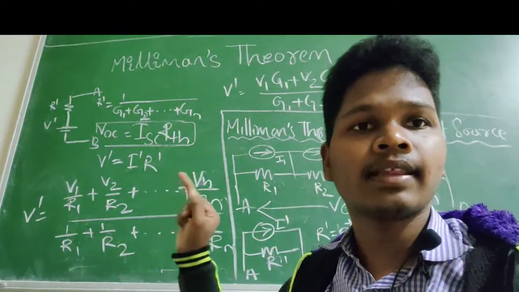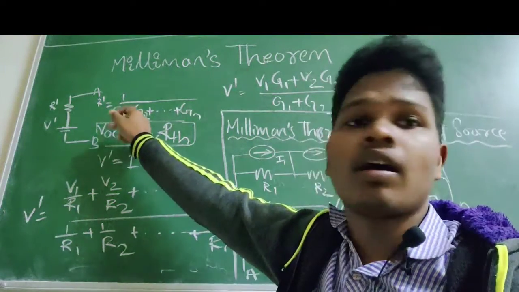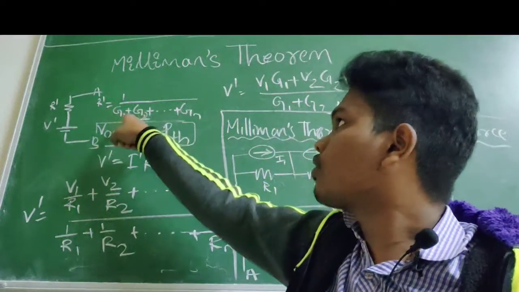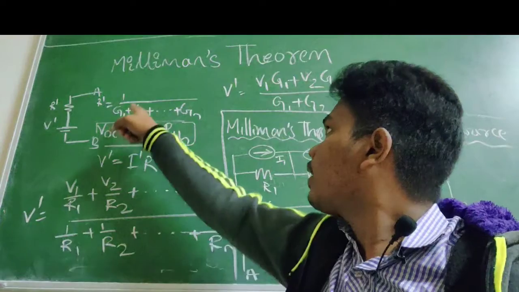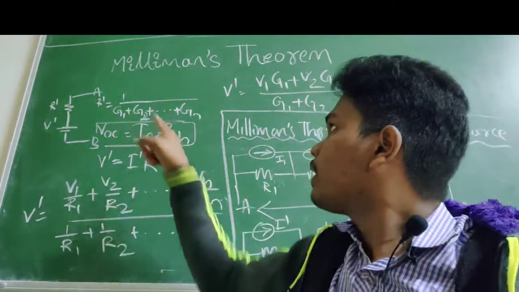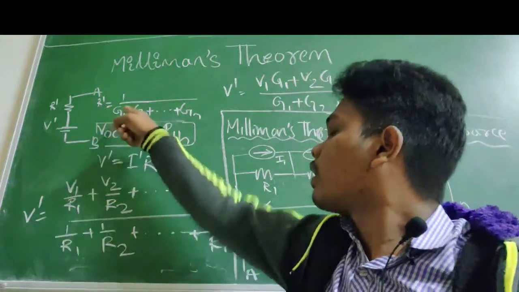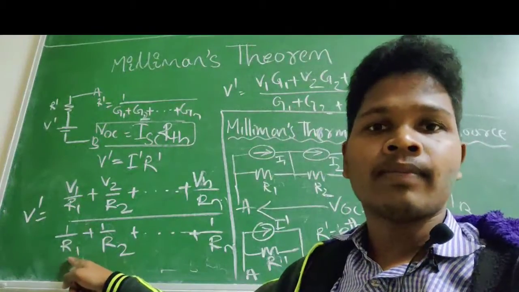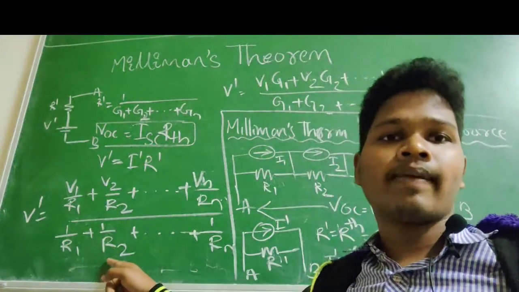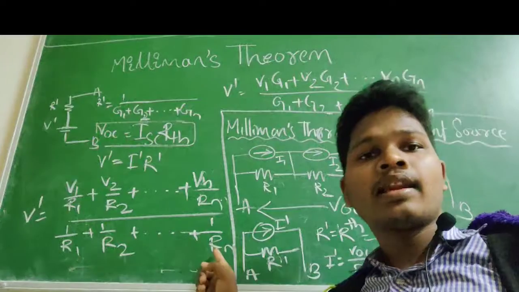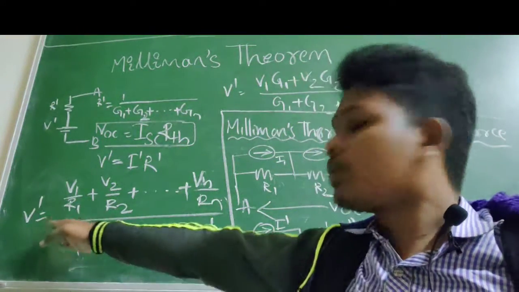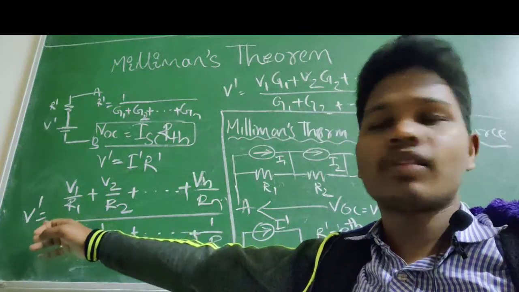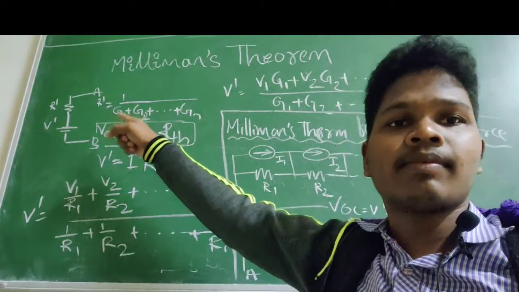We have already calculated that Thevenin's resistance R dash is equal to 1 divided by conductance. So in the denominator, conductance 1 is equal to 1 divided by R1, conductance 2 is equal to 1 divided by R2, like that conductance n is 1 divided by Rn. Okay, so it is clear to you. V dash is Thevenin's voltage, R dash is Thevenin's resistance.